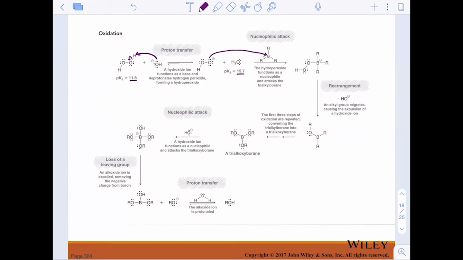Then we have a rearrangement occur. Now, this rearrangement is very interesting because what really happens is a loss of a hydroxide at the same time that a carbon group will migrate over to an oxygen, kicking out that hydroxide.